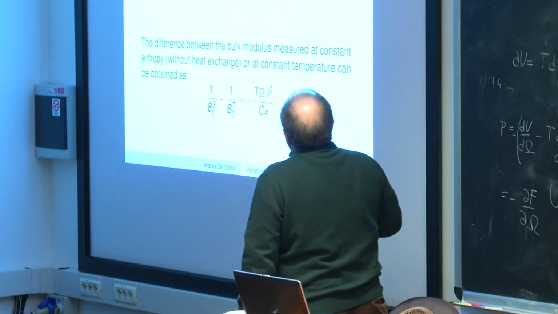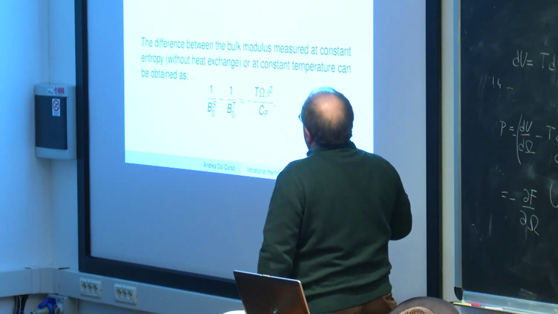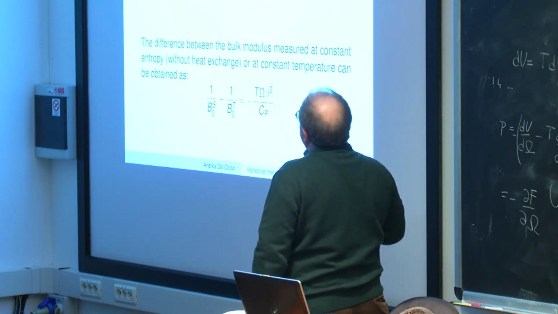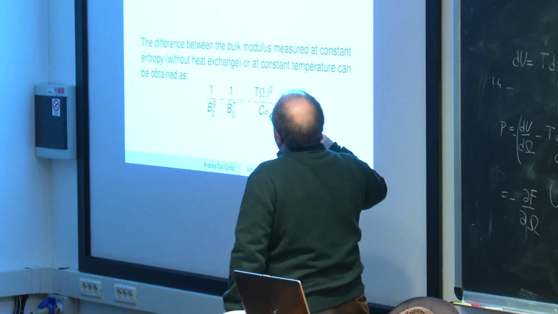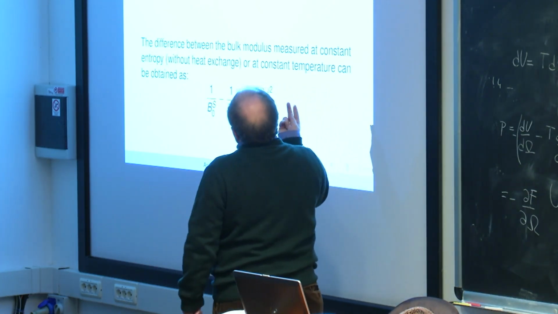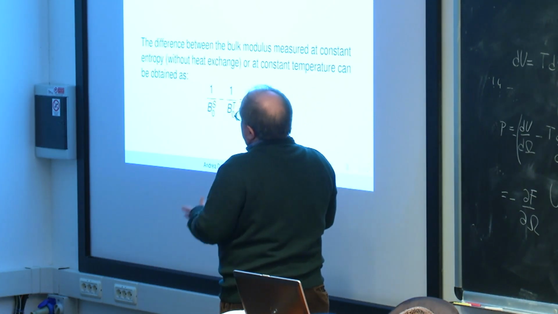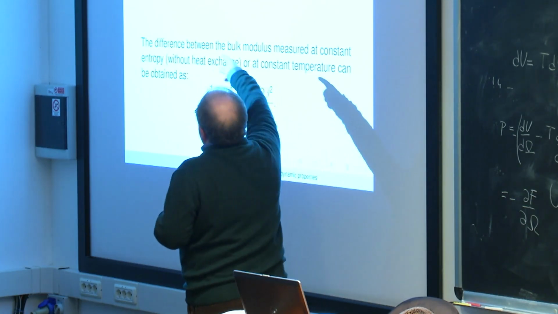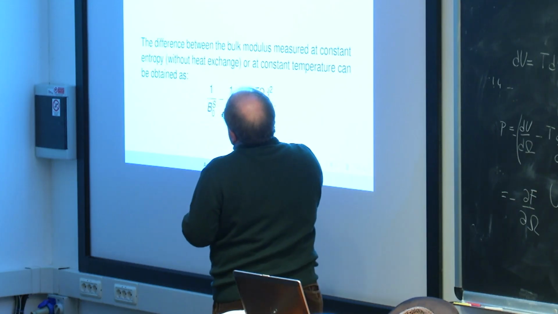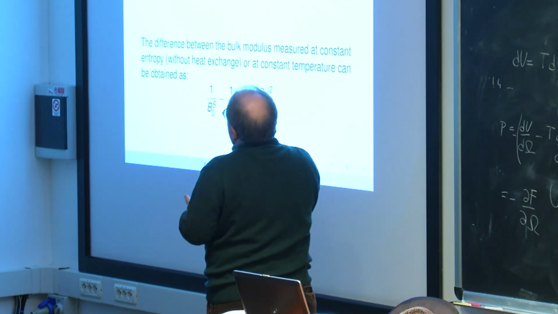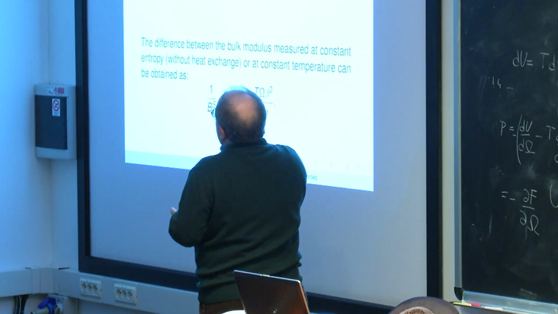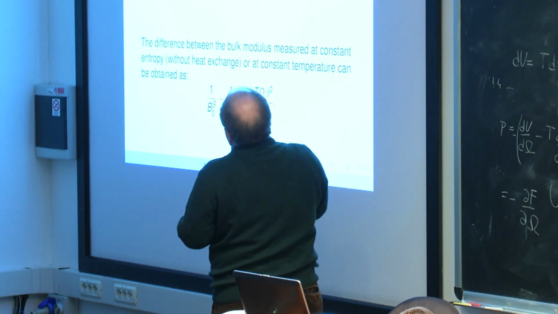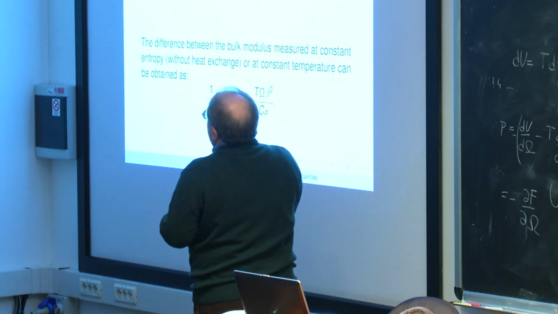Why is it interesting to calculate the thermal expansion and these kinds of quantities? Well, basically because experimentally it is easier to keep a constant pressure and not the volume. So we calculated from the phonon frequency the heat capacity as a function of volume, but it is easier to measure the heat capacity as a function of pressure.